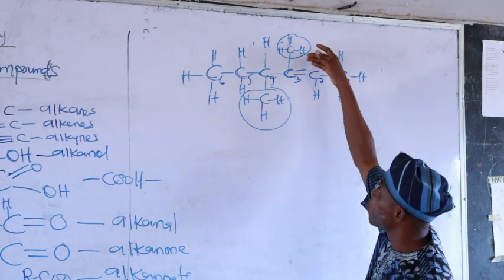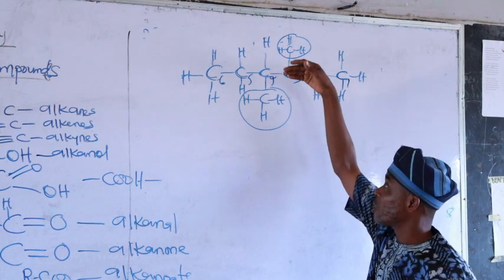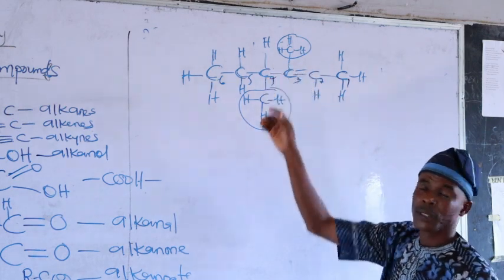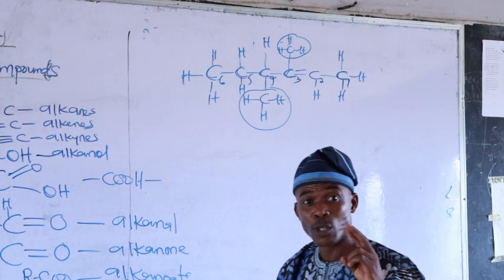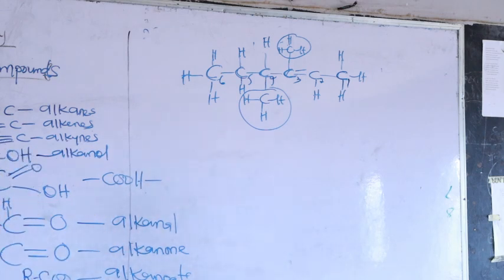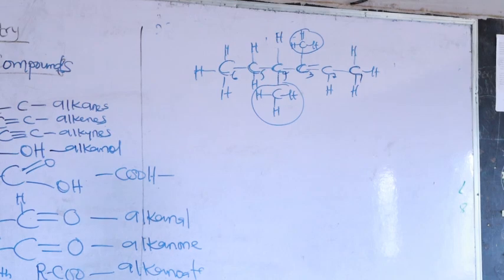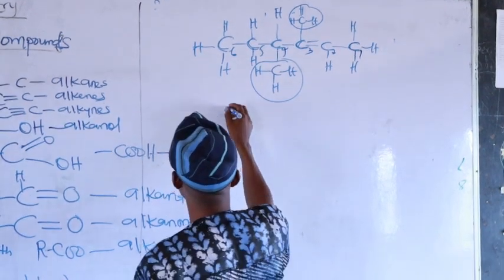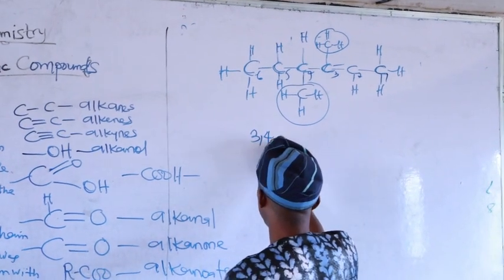Do you understand? The functional group is attached to carbon number 2, but the first methyl group is attached to carbon number 3 and the second one to carbon number 4. So now it means we have methyl groups on carbon 3 and 4.